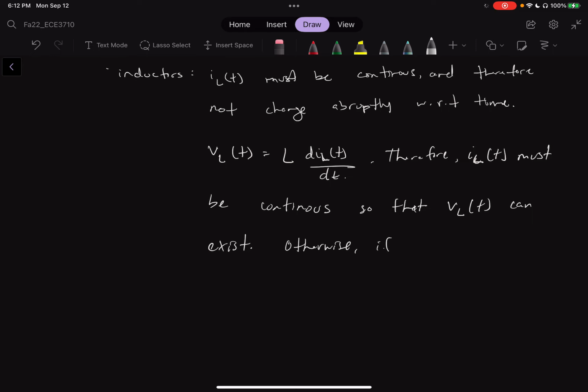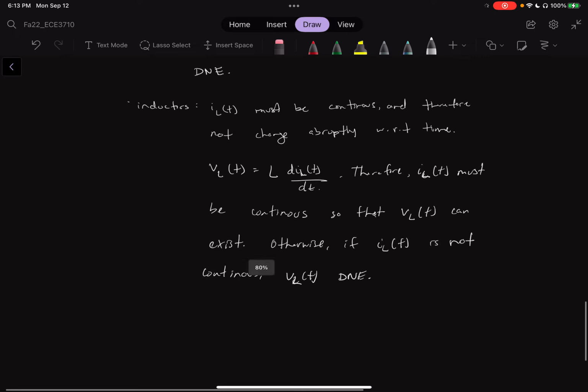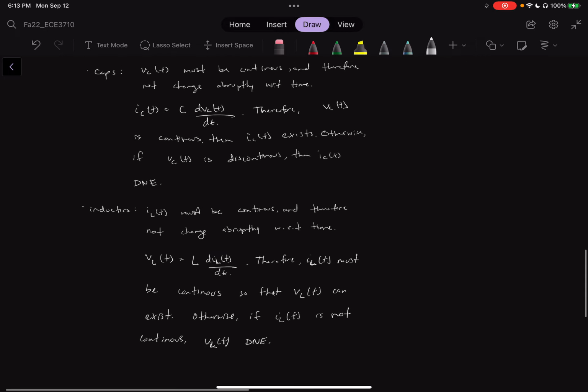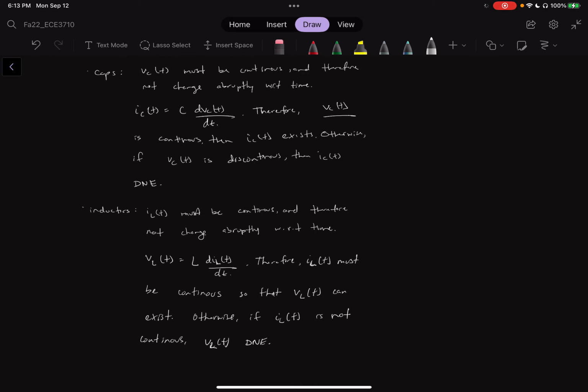Otherwise, if IL of t is not continuous, VL of t does not exist. Therefore, the takeaway message is that the voltage of a capacitor is continuous and does not change abruptly. For inductors, IL of t must be continuous and does not change abruptly with respect to time. Okay?